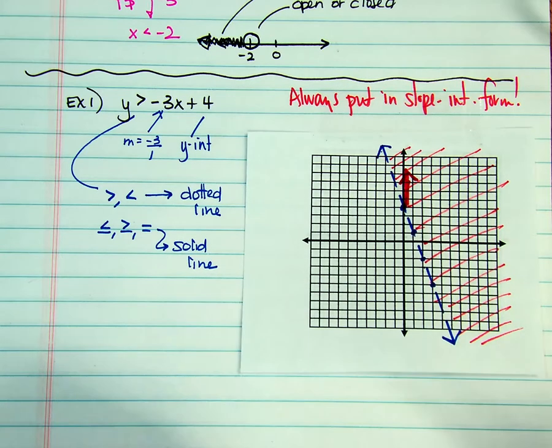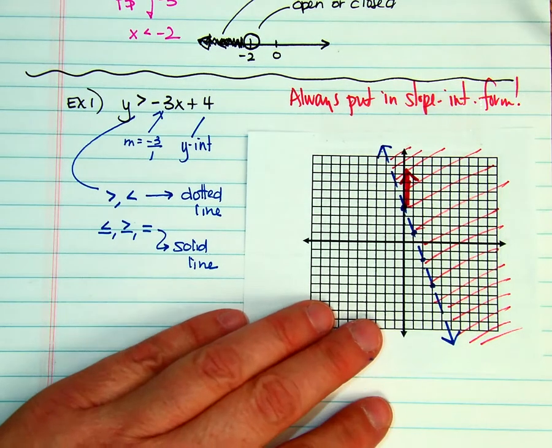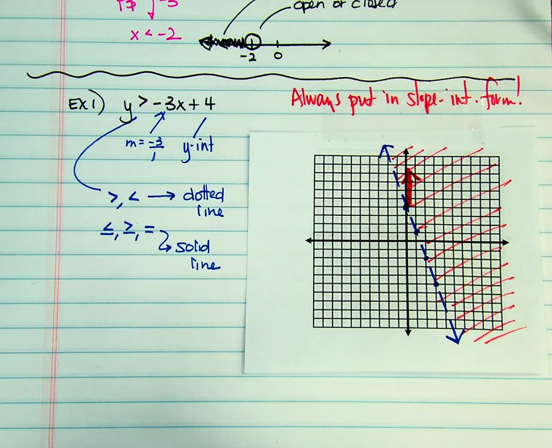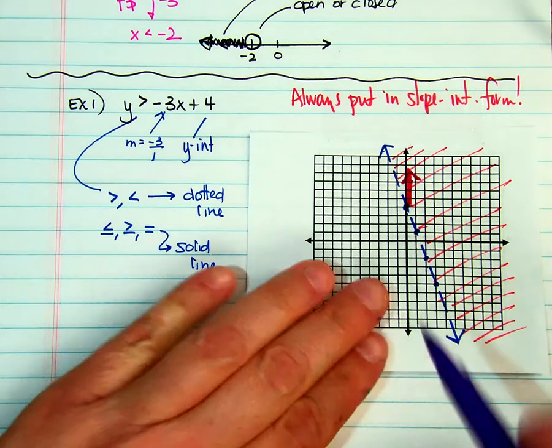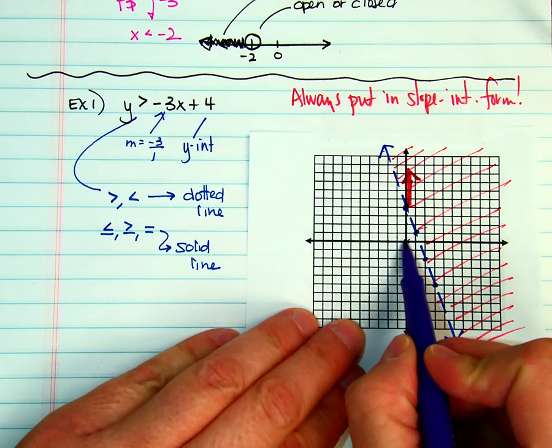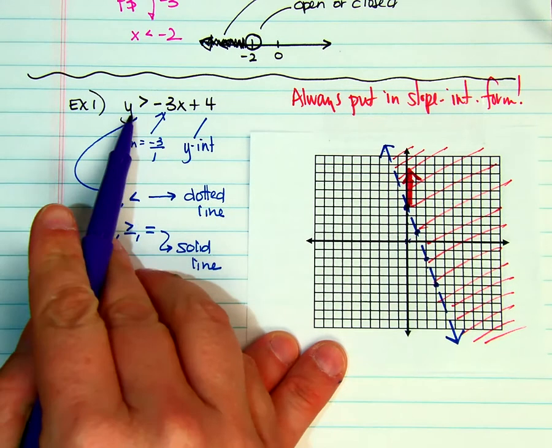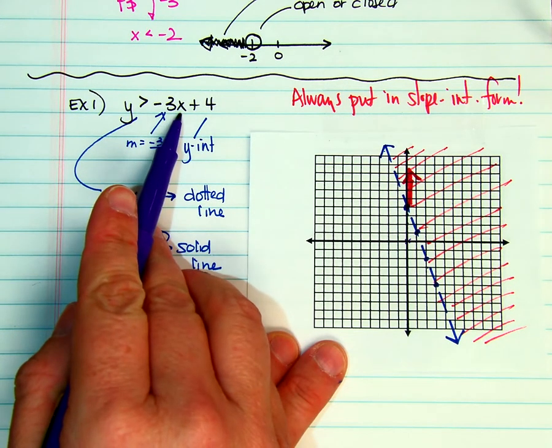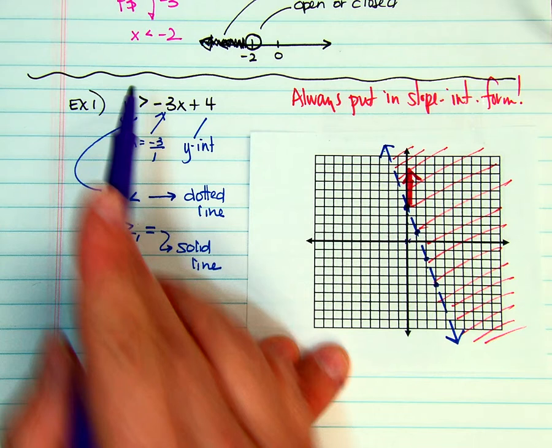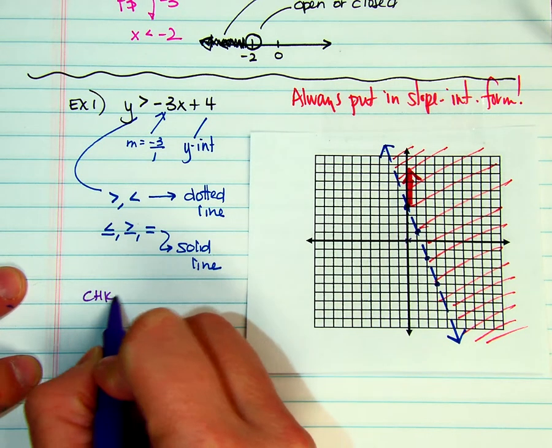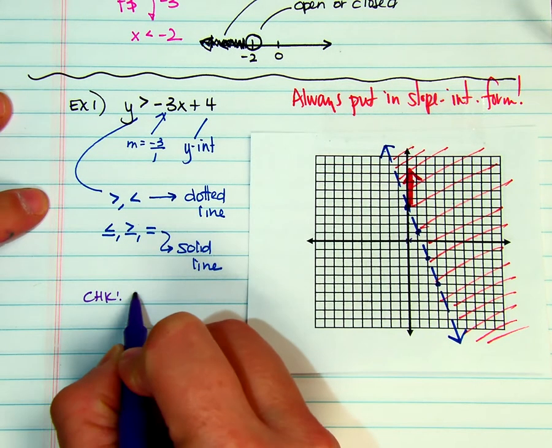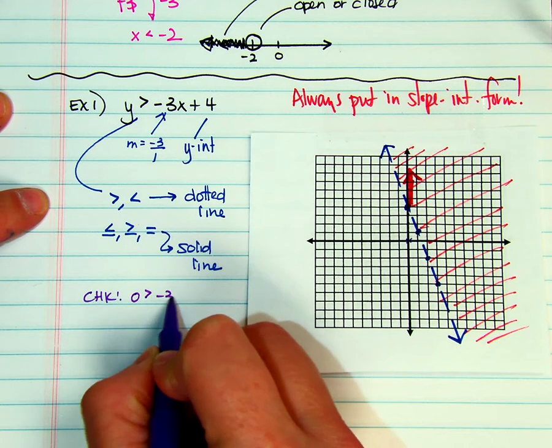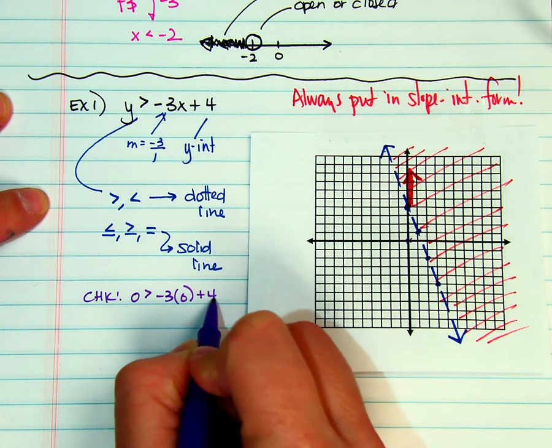Okay. A way you can check it is if your line is not going through the origin, because this one is not. I have this point here of 0, 0. If I plug 0 in and 0 in here, it better be a true statement. Is 0 greater than negative 3 times 0 plus 4?